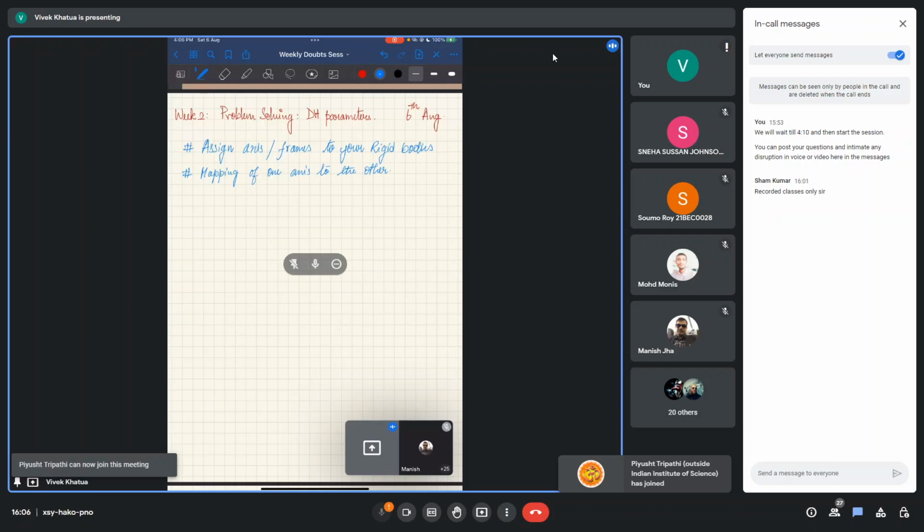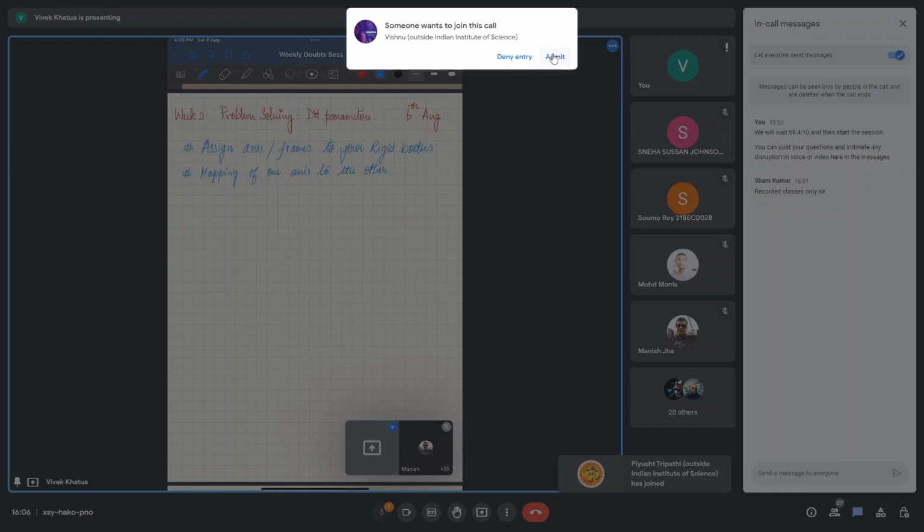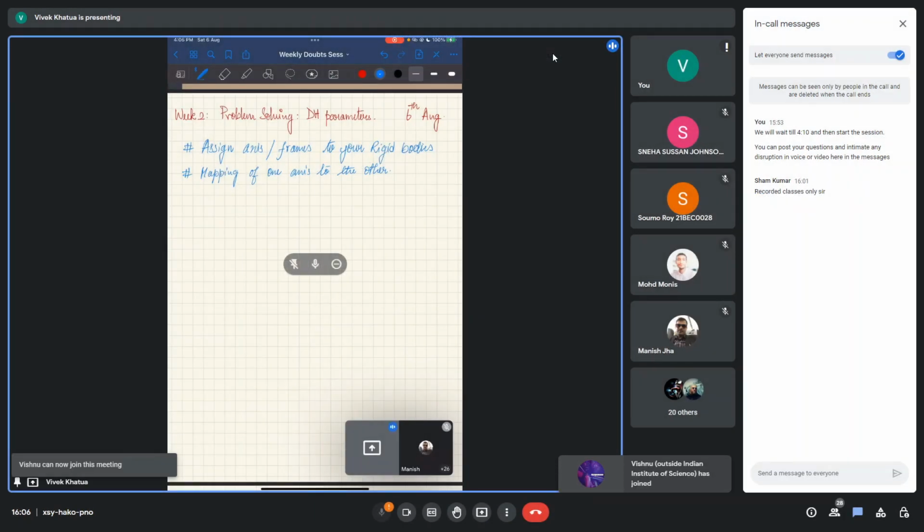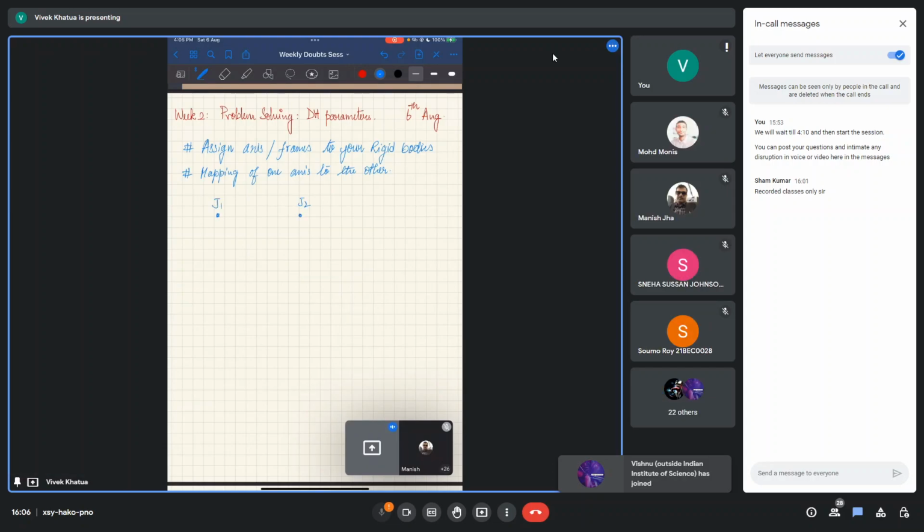I guess the first few lectures were about joints and links. A simple definition: a joint is something that gives you a degree of freedom. Any one single entity that connects two joints is a link. And the corollary is that for two adjacent links, the intersection is a joint.